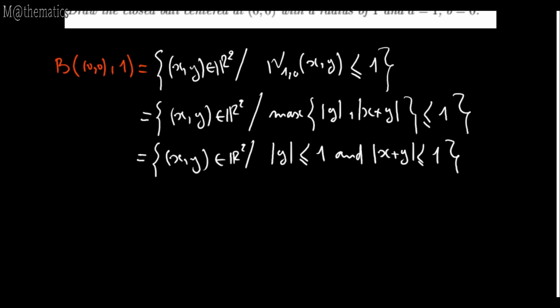So the absolute value of y less than or equal to 1 gives us y between negative 1 and 1, and the absolute value of x plus y less than or equal to 1 gives us x plus y between negative 1 and 1.